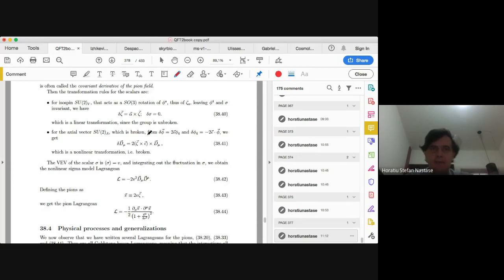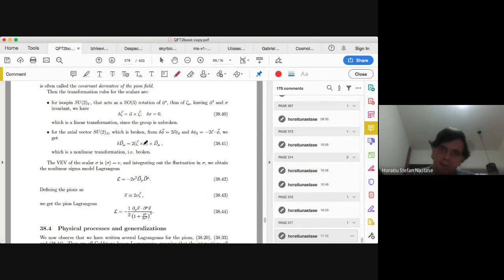And for the axial vector that is broken, because delta phi goes into phi_4, which has a constant piece, and delta phi_4 goes into phi. Then from these relations, we find that the variation of this covariant derivative is the covariant derivative itself, but times not just the parameter epsilon, but also yet another zeta.